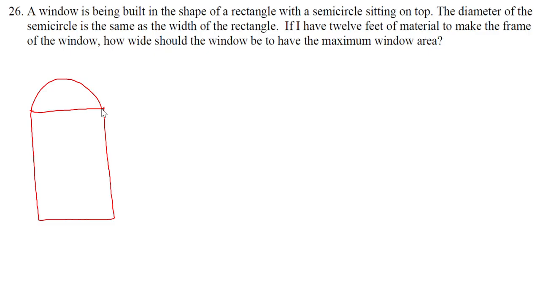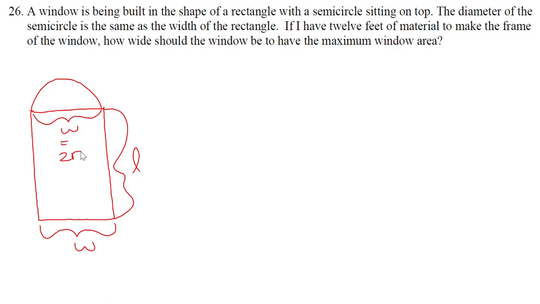Right? So if we call this our width, and I guess we can call this the length if we want, or we can give it whatever variable we want. We'll just give it L. That means that the width of the rectangle is the same as the diameter. Well, the diameter of a circle, right, is just equal to twice the radius.